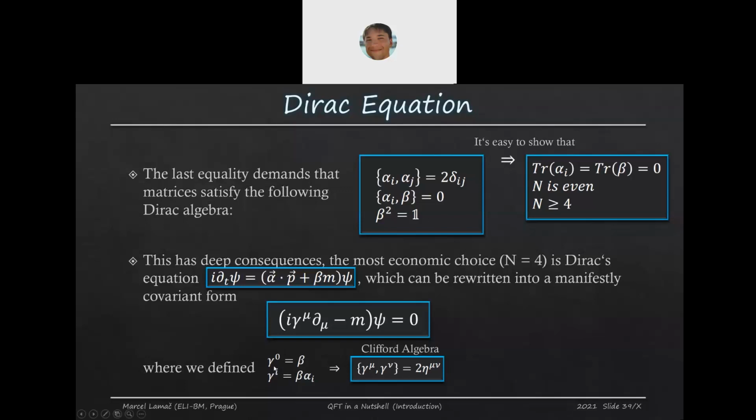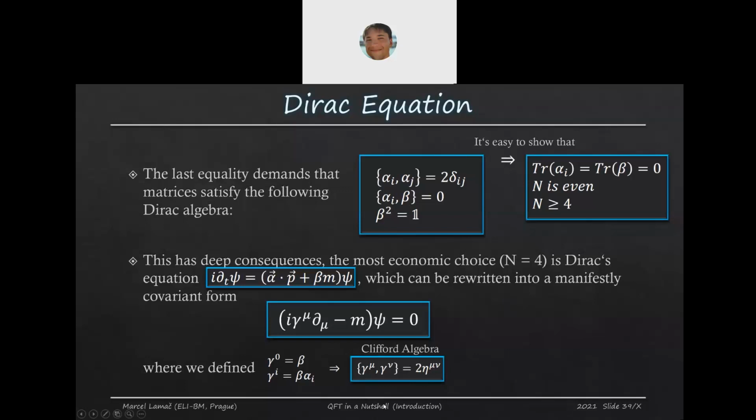This gamma 0 is simply the beta. Once again, these are not specified in some representation. For the moment, they are just some elements of this algebra. And then these 3 conditions are simply quantified in this one simple defining relation.